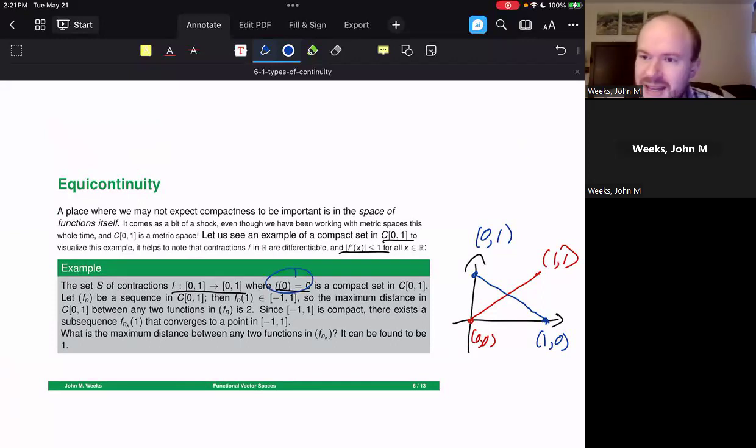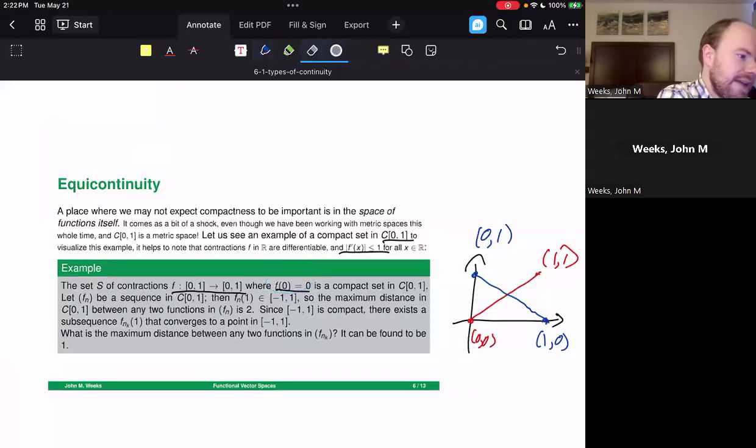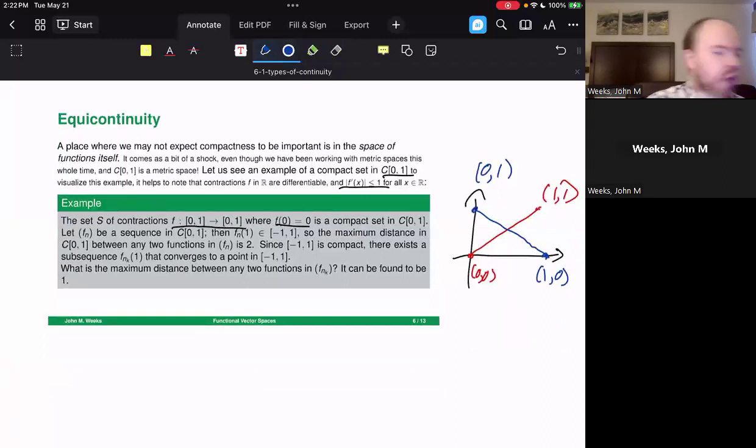So let's start by taking a look at this. How do we show that this is a compact set? Well, we're going to start with just a generic sequence in C of 0, 1. Now, in fact, I actually wrote -1 to 1 here. So to be consistent with the rest of this, I'll go ahead and change this to -1, although it won't change much if we just leave this to be 0, 1, and sub out 0, 1 in all of our closed intervals.